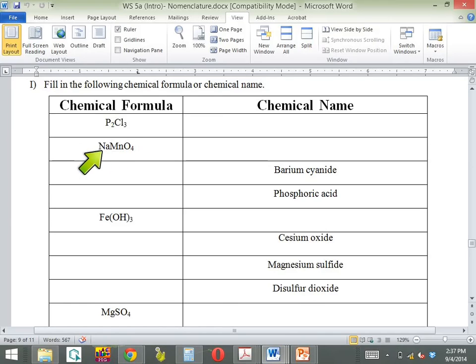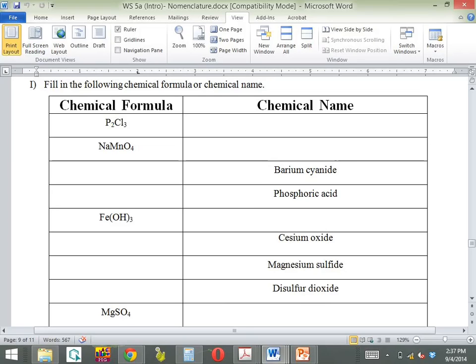This guy, we look at the first element, sodium. Is sodium a metal? Yes, it is. This is an ionic compound. I'm going to figure out the name of the cation and the name of the anion. You can only break it into two pieces. Yes, there's a whole bunch of atoms in there, but you can only make two ions. Usually it's the first element and everything else.